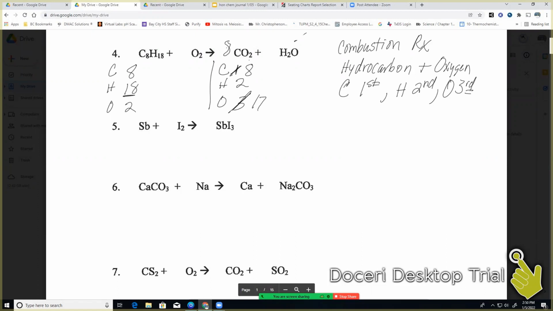I have 18 hydrogen on my reactant side and only 2 on my product side. So what coefficient do I need to put in front of my water? 9. 9 times 2 is 18. But my big question is how many oxygen I have. So 8 times 2 is 16 there, plus another 9 for a total of 25.